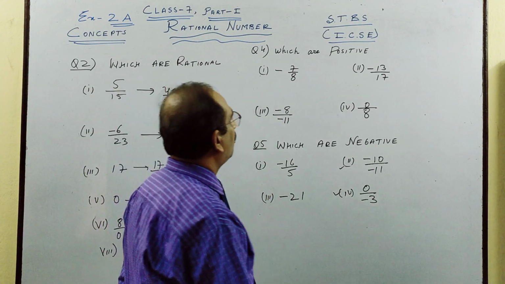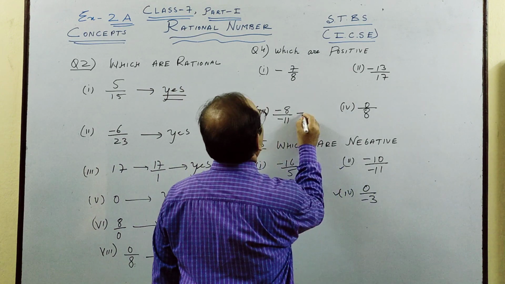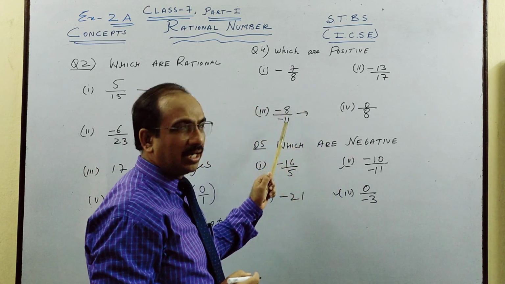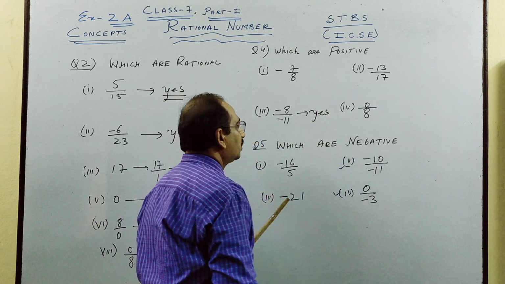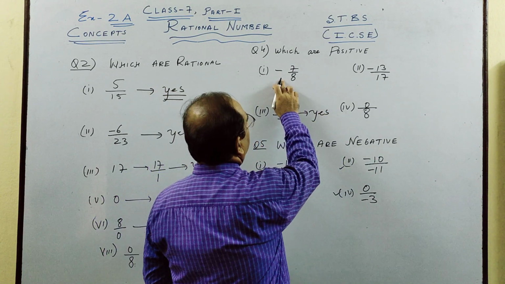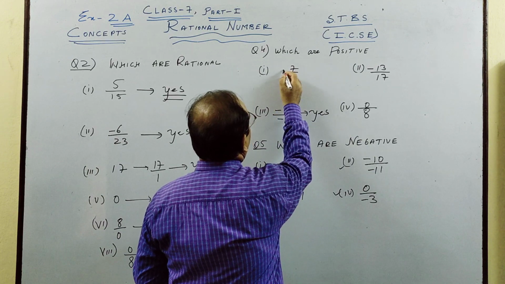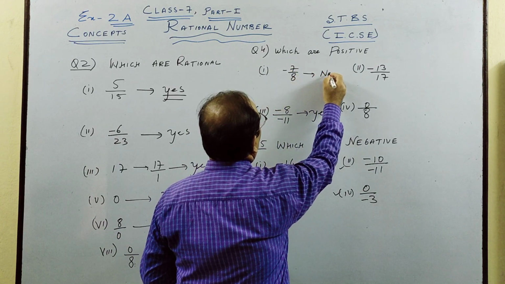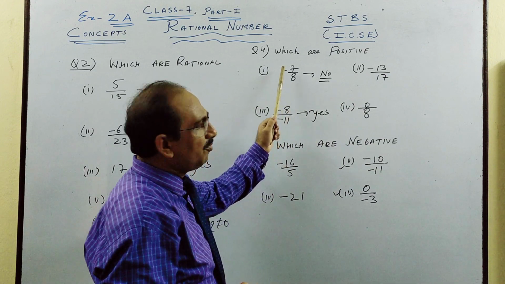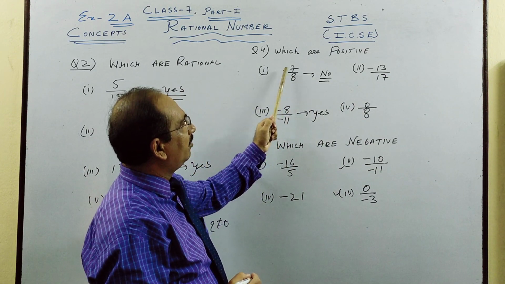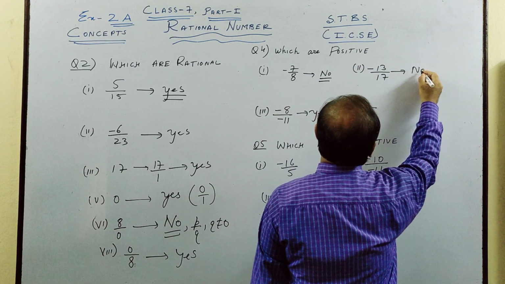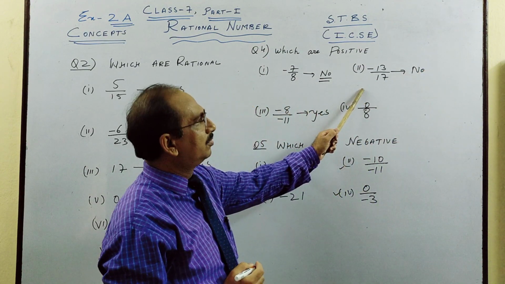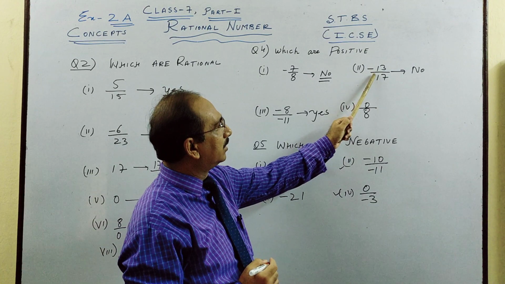Next, which are positive? Positive, I told you children, if both of them are negative or both of them are positive. So yes, this is positive. Is this positive? No. This is not positive because one of numerator or denominator is negative, it makes the rational number negative. This is also not positive because one of them is negative.